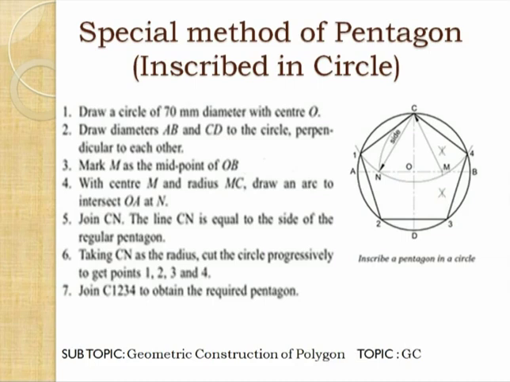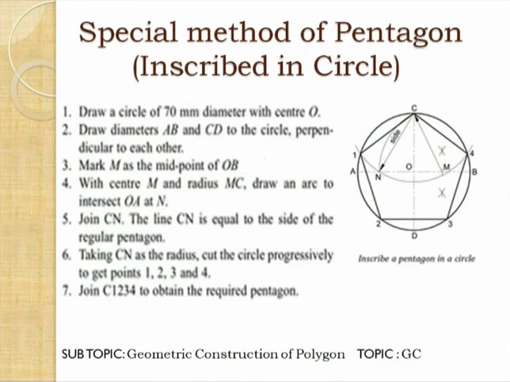So here we are taking NC equal to NM, and we get the point M on OB by taking NC equal to NM. So here CM is the required length of the pentagon.